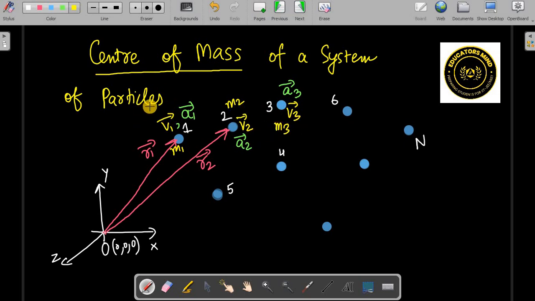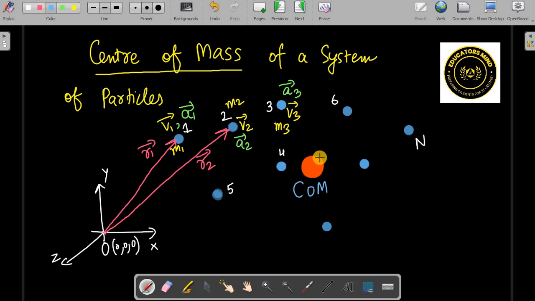We want to reduce the entire system into a single particle, and that single particle should possess the mass of the entire system. So this is a single particle which will represent the entire system. The entire system mass is concentrated at this point. This point is called the center of mass.